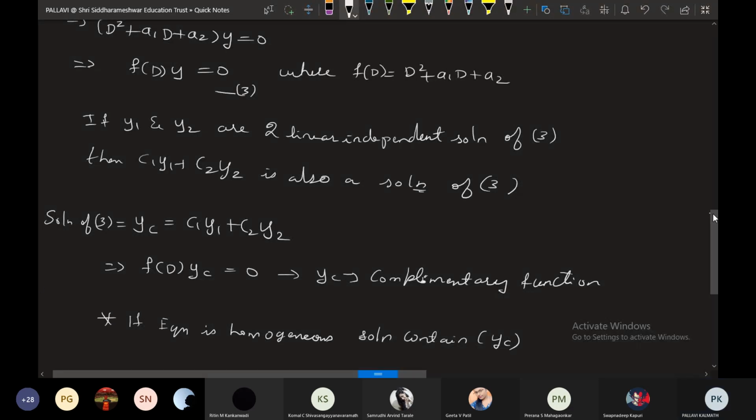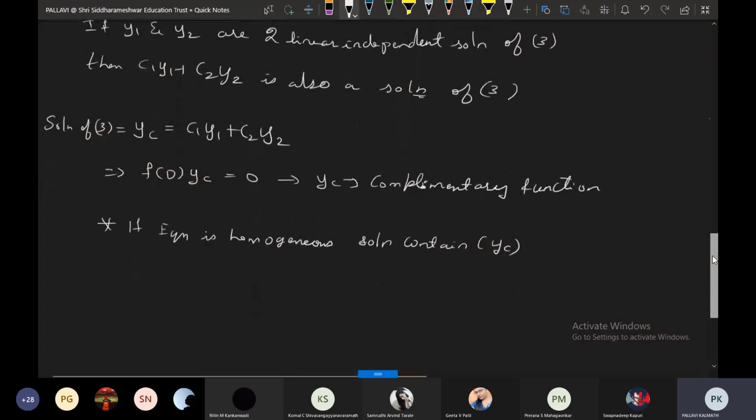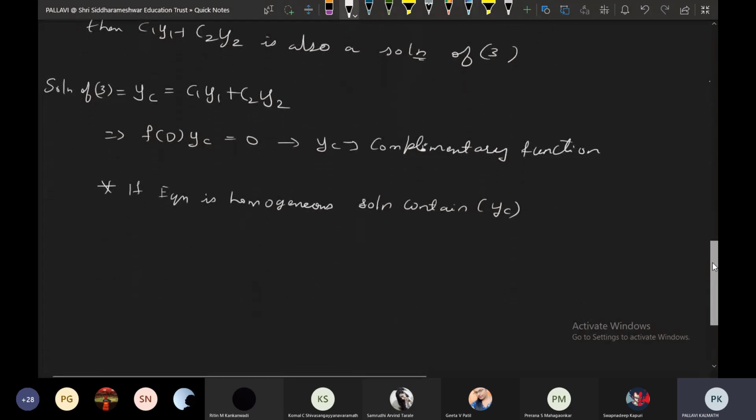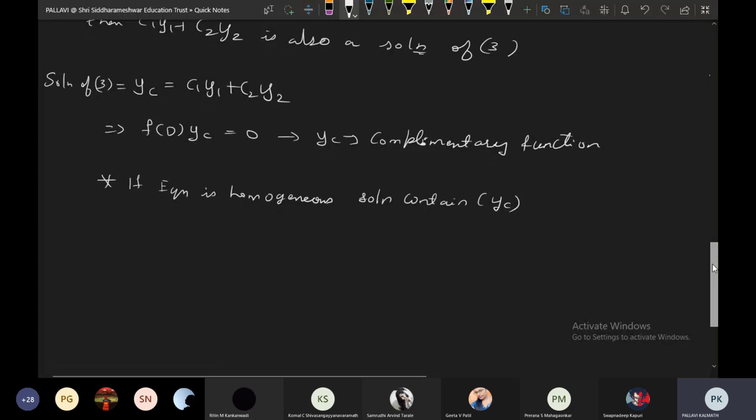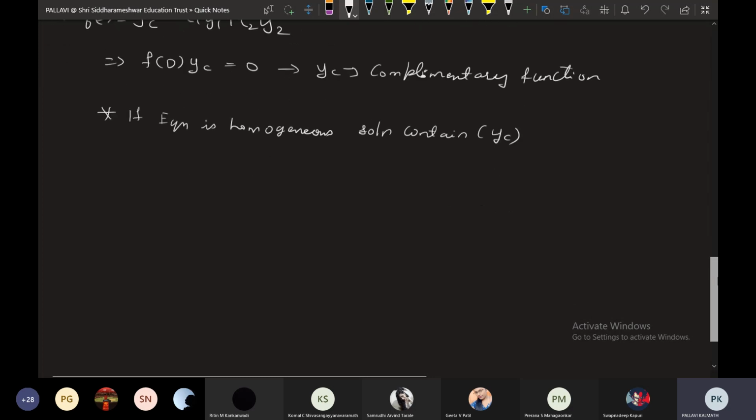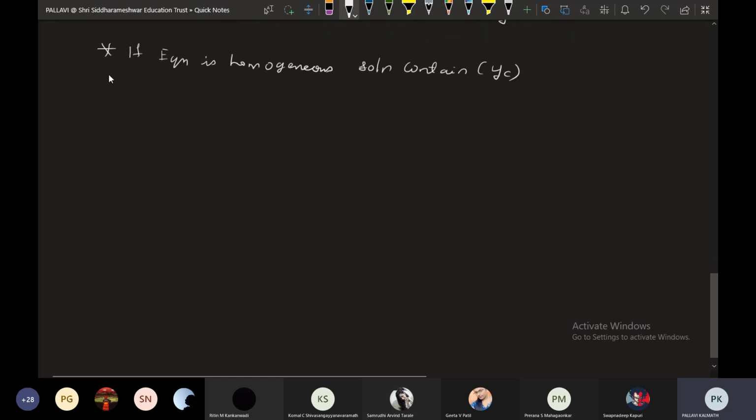Then what are those y1 y2, how are we going to find them? I will explain in general after seeing the solution of non-homogeneous also. So just remember, if your equation is homogeneous, its solution will consist of the complementary function.